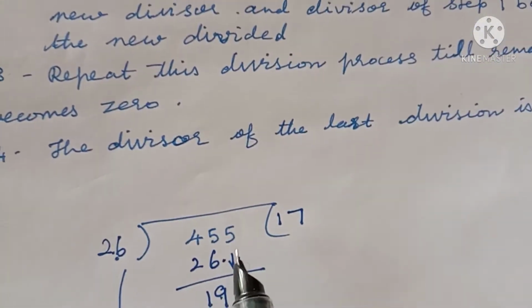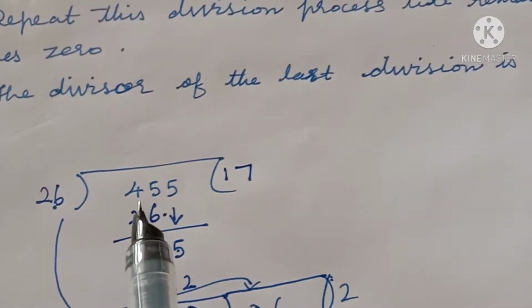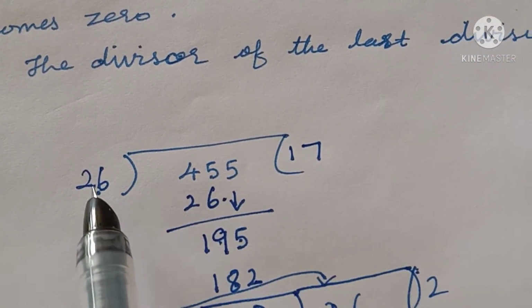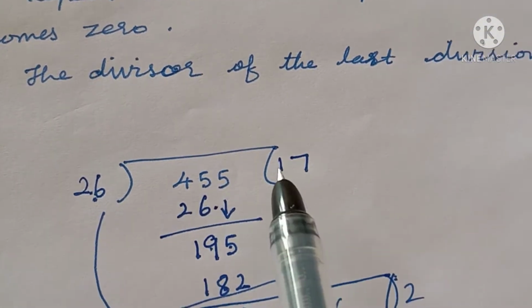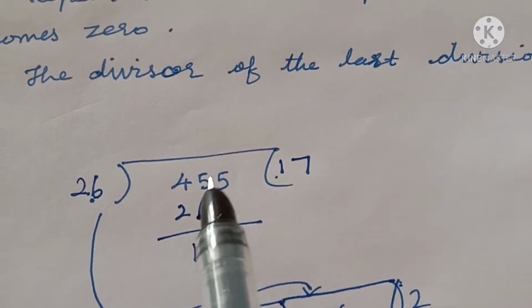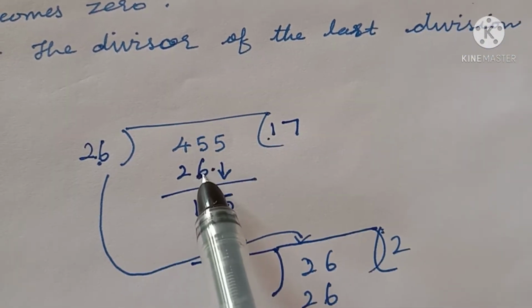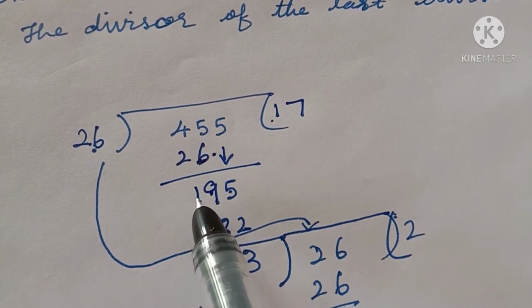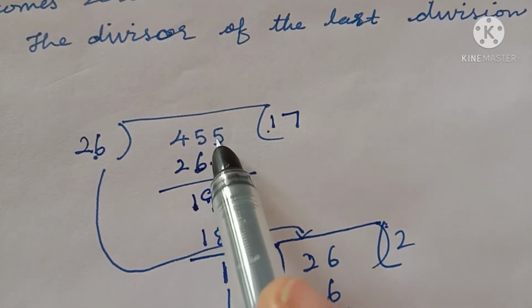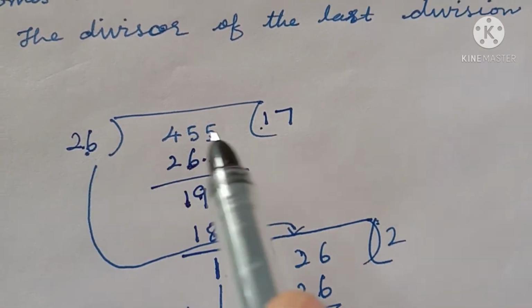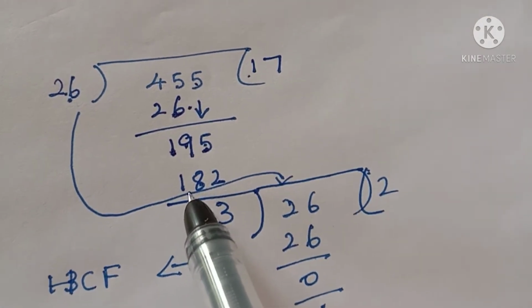Again I am repeating. Divide the larger number by the smaller number. So 26 ones are 26. 15 minus 6 is 9. 3 minus 2 is 1. Then bring this 5 down. Again 26 sevens are 182.